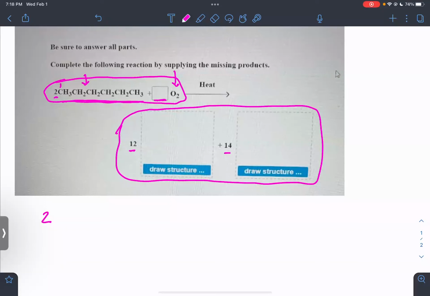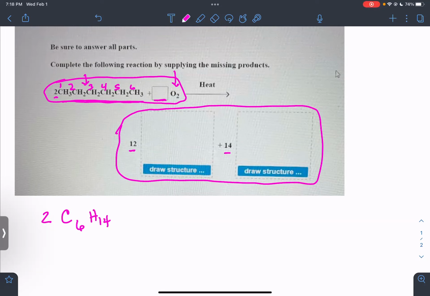So let me number my carbons 1, 2, 3, 4, 5, 6. So 2 is a coefficient, and then it's C6. And then look at your hydrogens. How many hydrogens? You got 3 on each end, that's 6. And then 7, 8, 9, 10, 11, 12, 13, 14. So H14. And you could have also looked at this and said, that's an alkane.